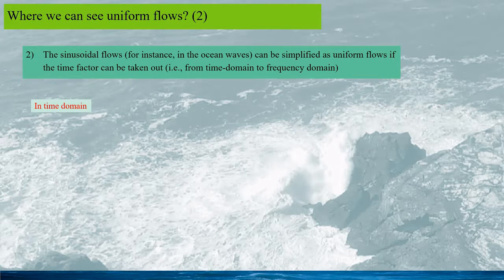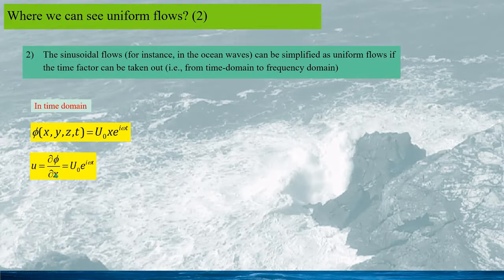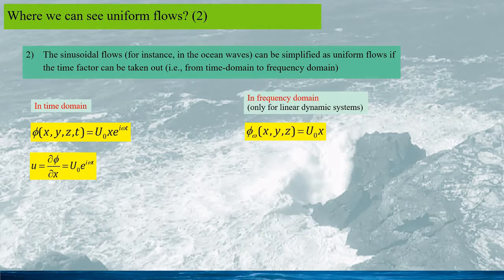Suppose in the time domain, we have a very simple potential function as this, and its velocity component u is calculated as this. In frequency domain, the corresponding velocity potential function is given by this.